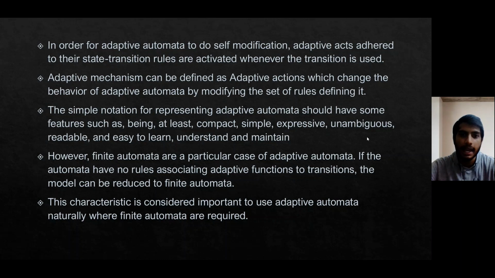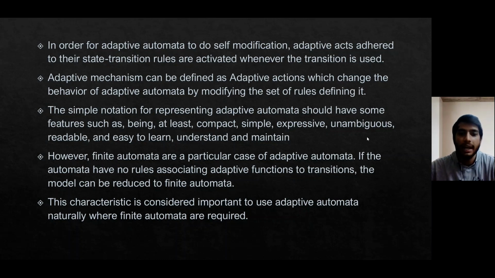Adaptive mechanisms can be defined as adaptive actions which change the behavior of adaptive automata by modifying the set of rules defining it. The simpler notation for representing adaptive automata should have some features such as being compact, simple, expressive, unambiguous, readable, easy to learn, understandable, and maintainable.